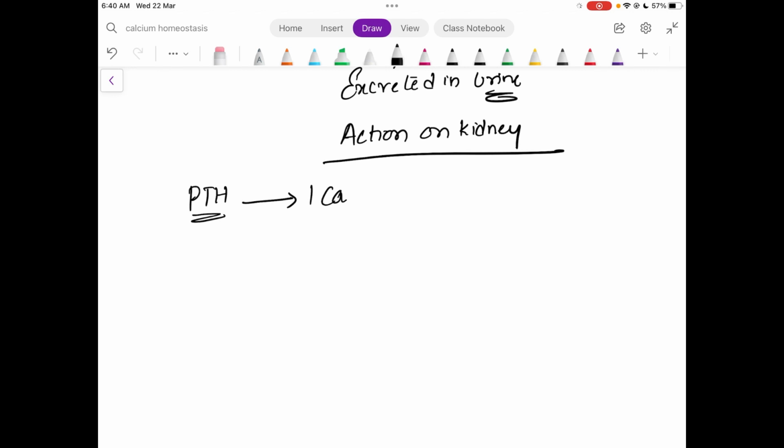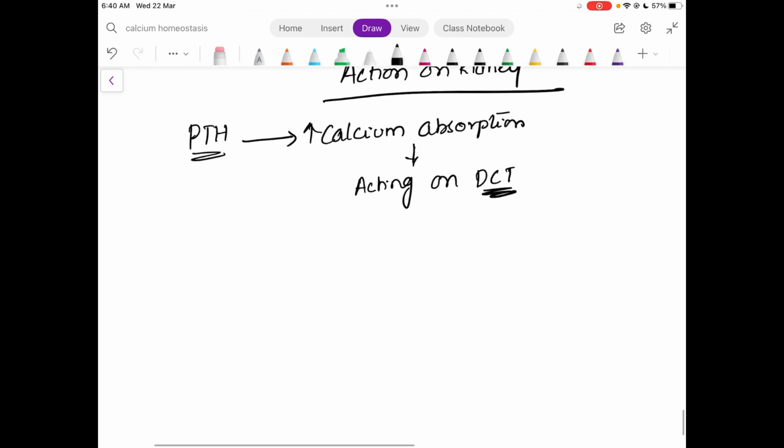PTH increases calcium absorption by acting on the distal convoluted tubule and increases calcium levels.